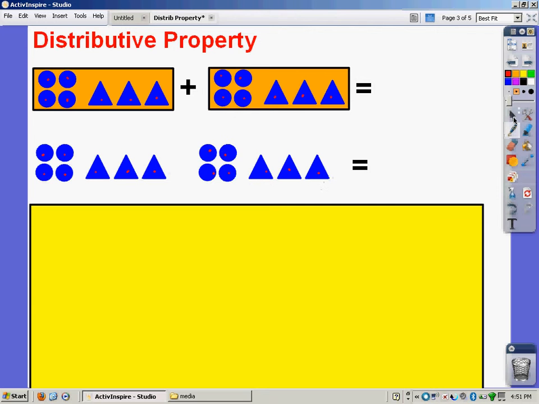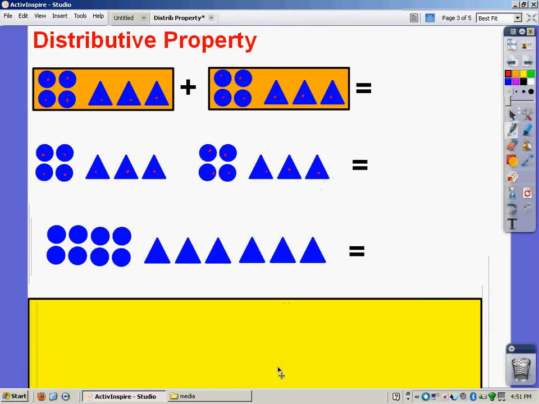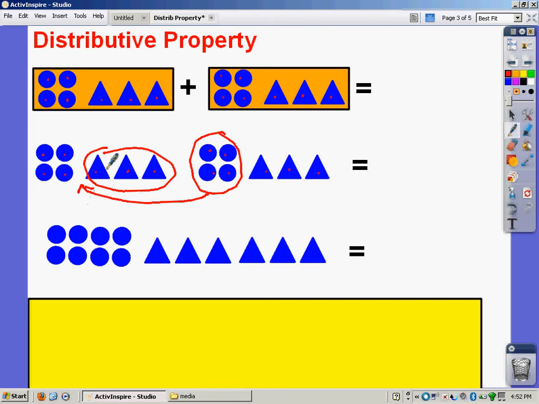Now, next step is just to show you where we're going. I simply rearrange the physical position of them to group them together. So in other words, I took this group of 4 circles and brought it together with these circles. And this group of triangles went with this group of triangles.